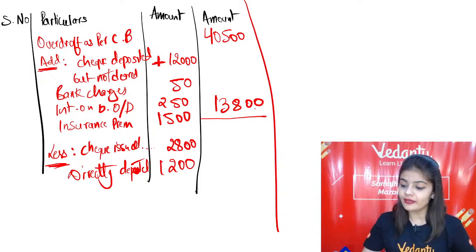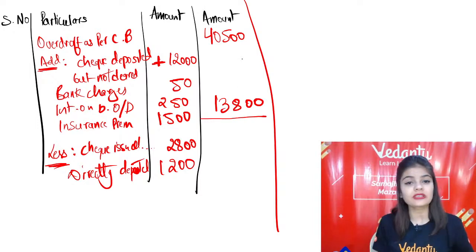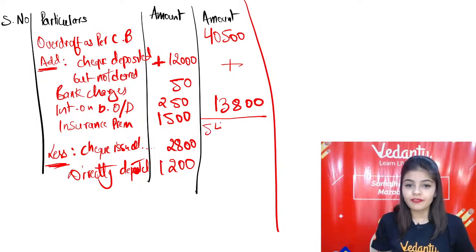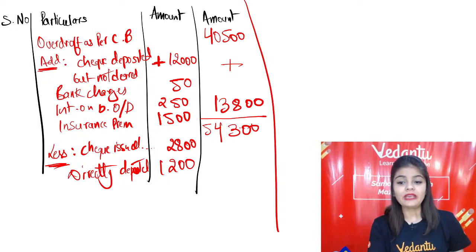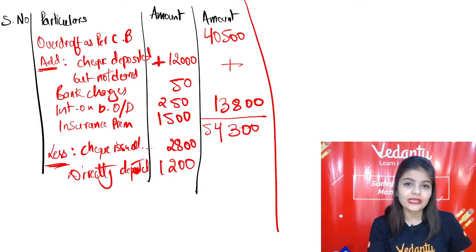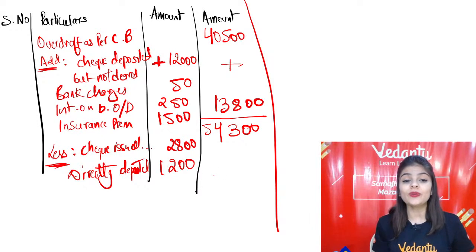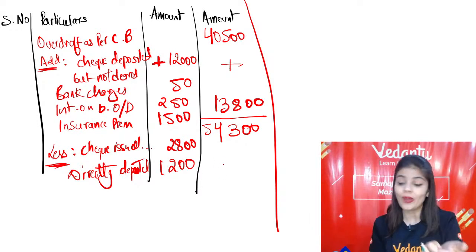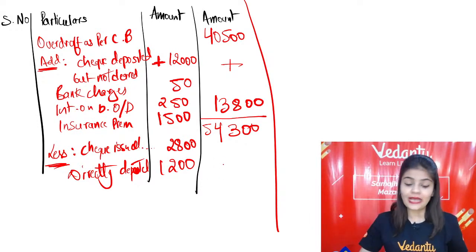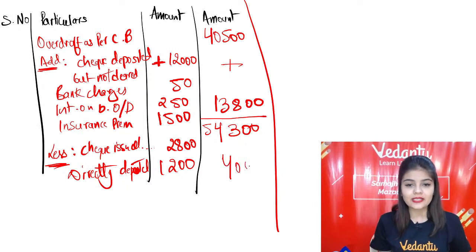So add in the balance 40,500. इसमें add कर दोगे. It will be 54,300. And then you will subtract the total 2,800 plus 1,200. It will be 4,000. ये minus कर दोगे.